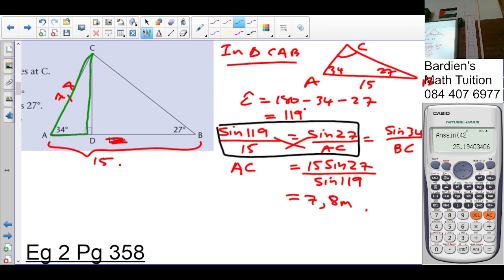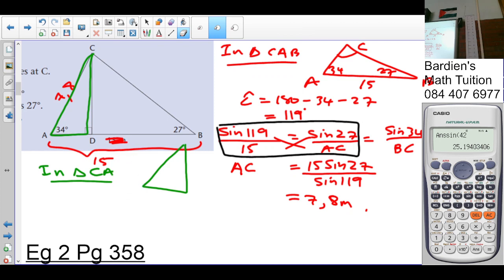Can you see that, people? So in triangle CAD, A is 34, D is 90, and AC is 7.8.